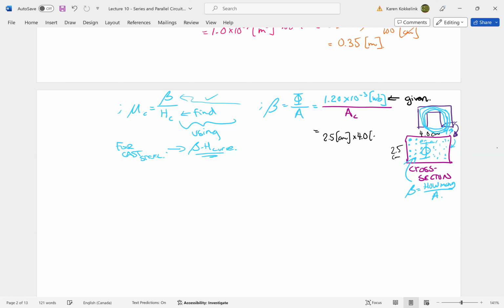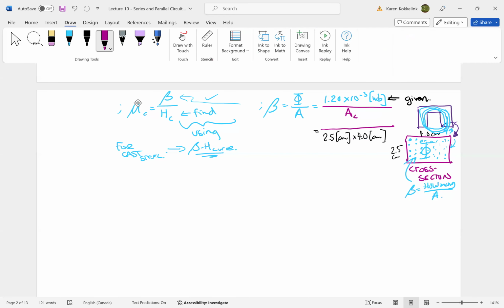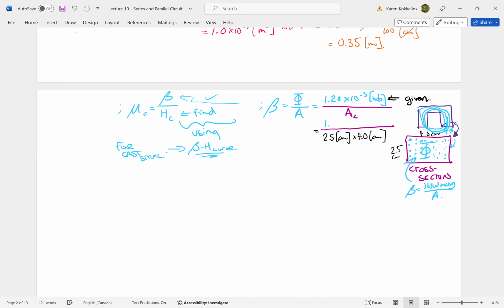So I'm doing pretty well, really, because I've also been given the number of lines of flux, which is measured in Weber. So I can compute this. Great.